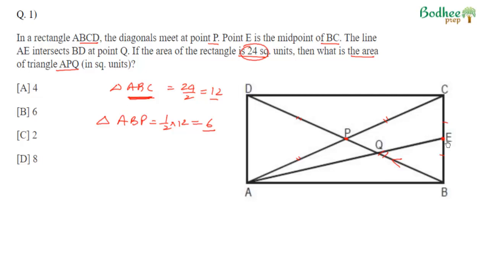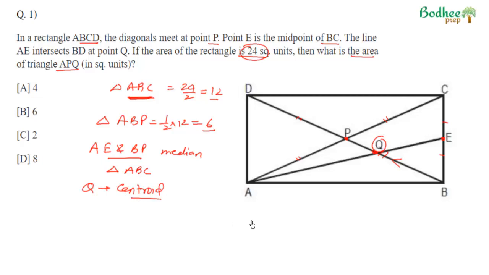Now, since E is the midpoint of BC, AE and BP are the medians for the triangle ABC. The first median is AE and the second median is BP, and they intersect at point Q.